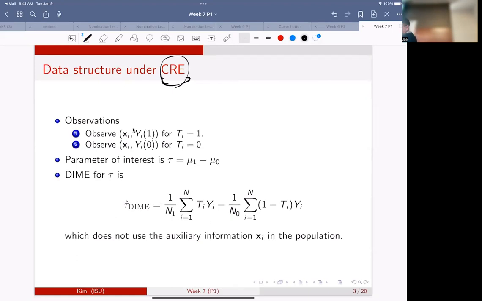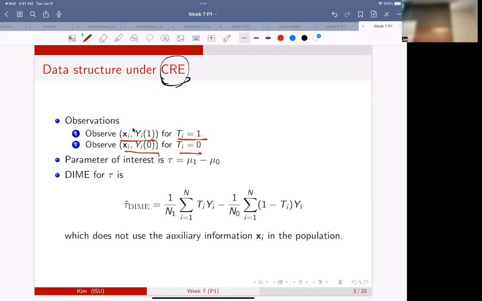CRE. So when t equals 1, we observe x_i and y_i(1). When t equals 0, we observe x_i and y_i(0), right? So that is our observation.